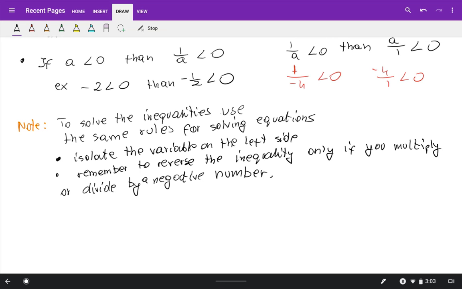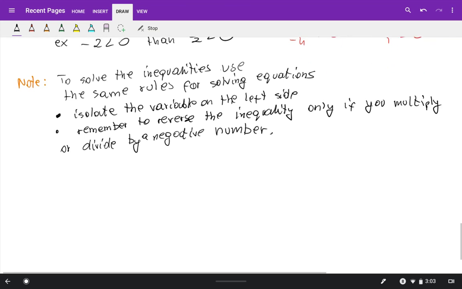Okay, so we're going to do a couple examples of solving linear inequalities.